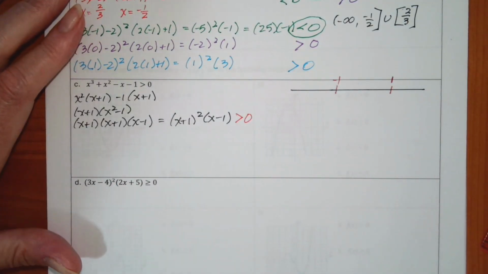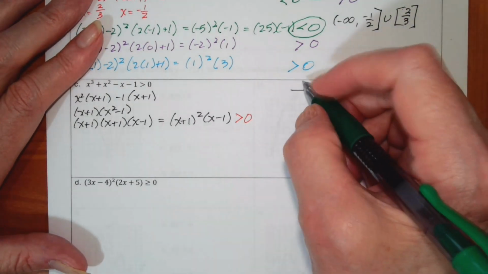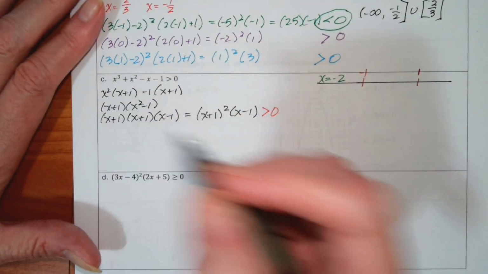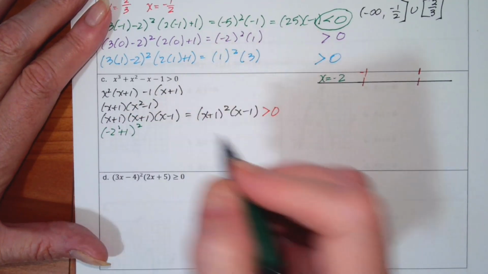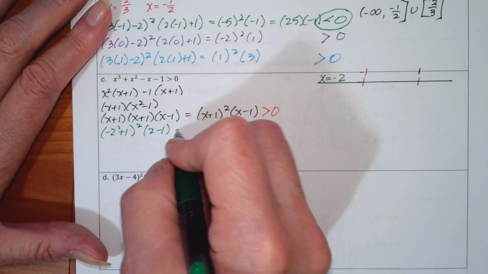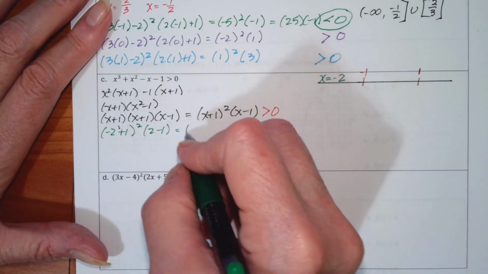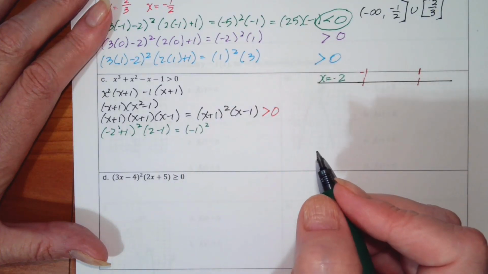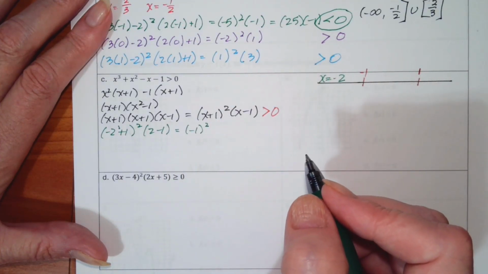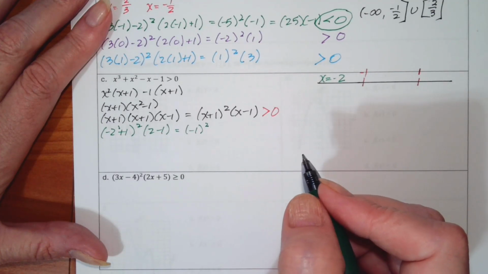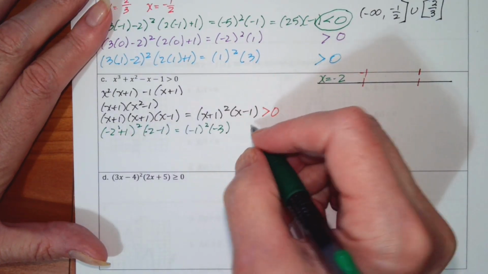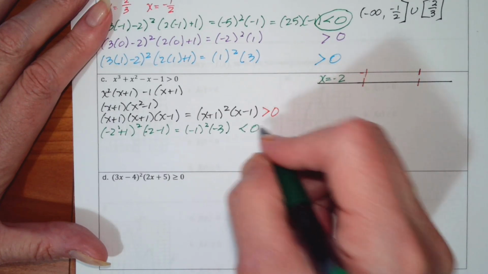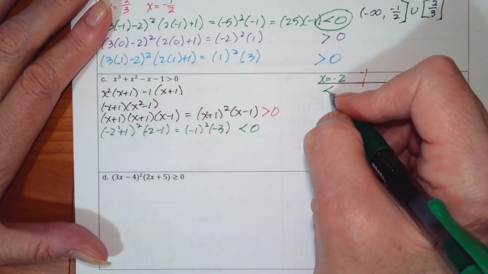All right, so let's start over here and select -2. All right, so -2 plus 1 squared times -2 minus 1 gives me -1 squared times -3, which is going to be less than 0. Okay, so all of this is less than 0.